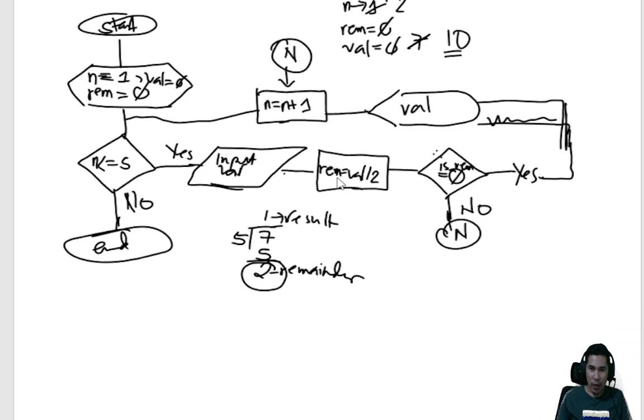So now we divide 10 by 5. That's actually 2. We have here 2. This is the result. And then what we take is the remainder, which is actually 0. So is the remainder equal to 0? That's actually yes.